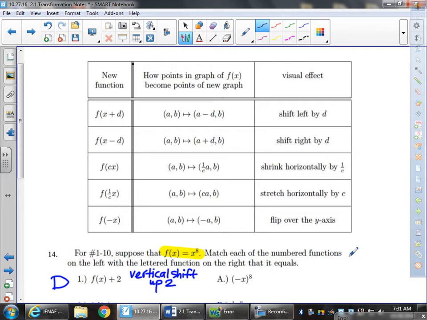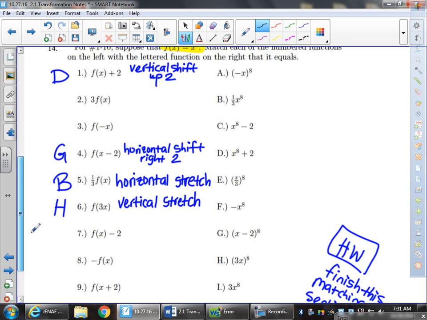To start off today's notes, the first thing that I would really like to clarify is the connection between what we said is the same when we're talking about shrinking horizontally, and which one was it? Vertical stretch. So see, we have a notation here, f of 3x, and that 3 is on the inside.